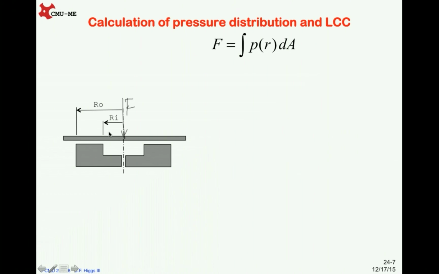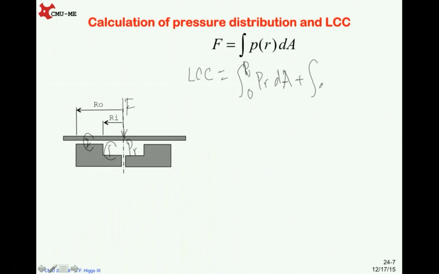Considering that in the recessed region, which is shown here, the pressure is a constant PR, and in this region, the pressure is the one newly derived in the last slides, we can split the LCC into two terms. First, we integrate from 0 to Ri with pressure equal to PR.